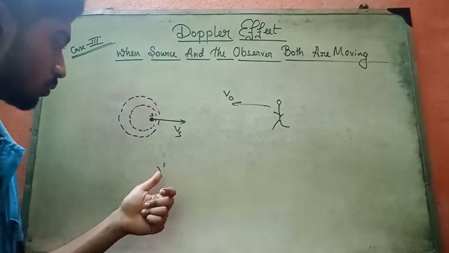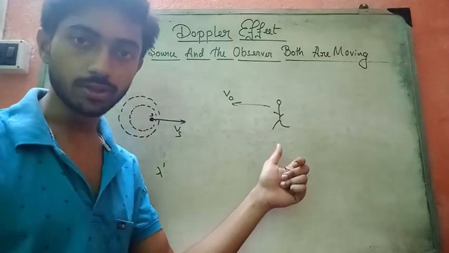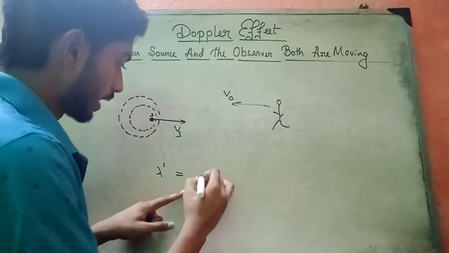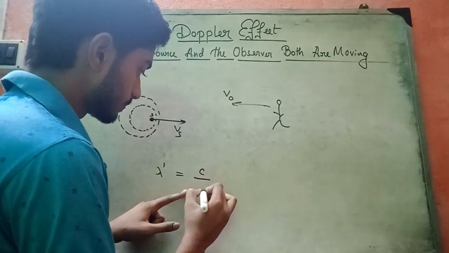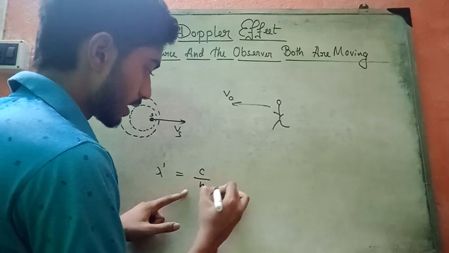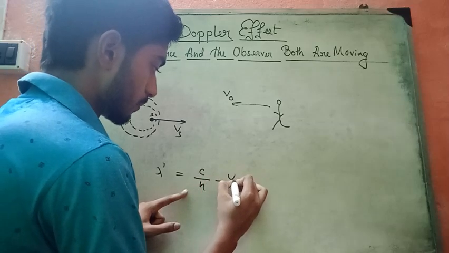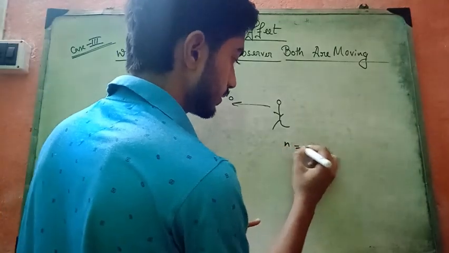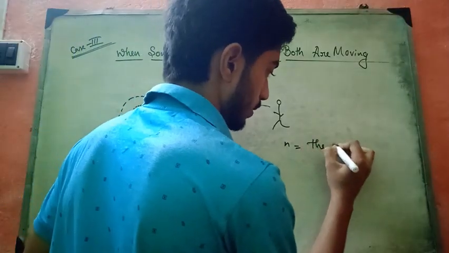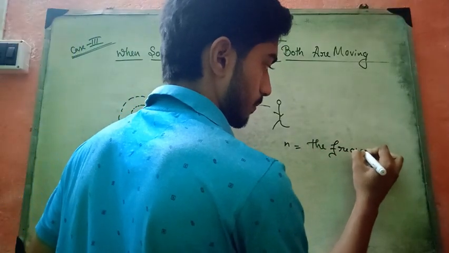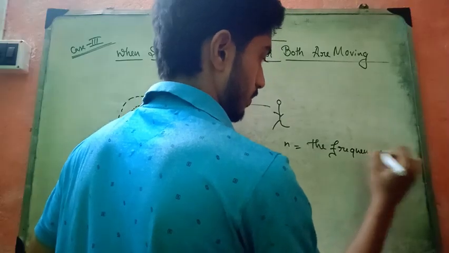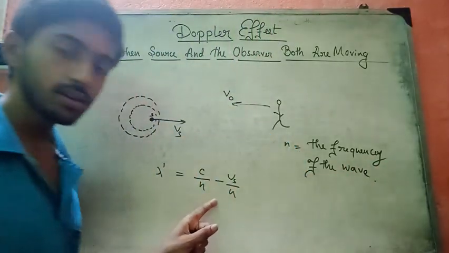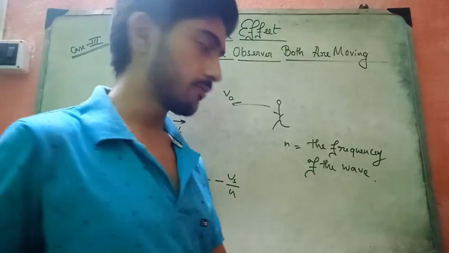So lambda dash is now c by n minus Vs by n, where n is the frequency of the wave.